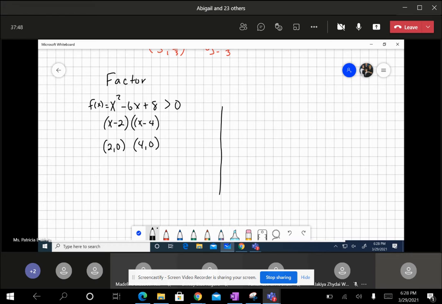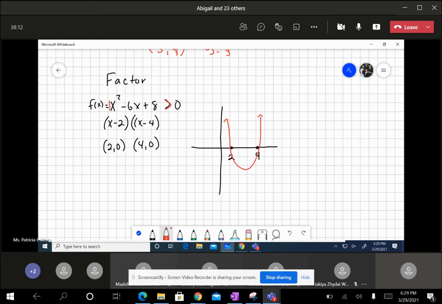So when I'm looking at this on my graph, the only thing I need to know is this 2 and this 4, and that my A here is positive, because I just need to know where I'm above and where I'm below that x-axis.